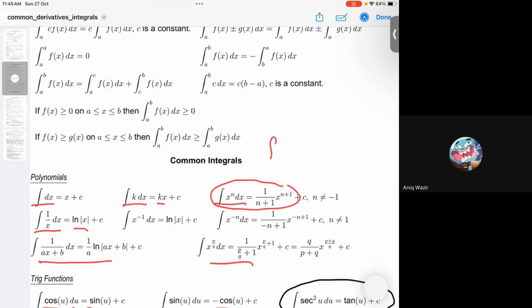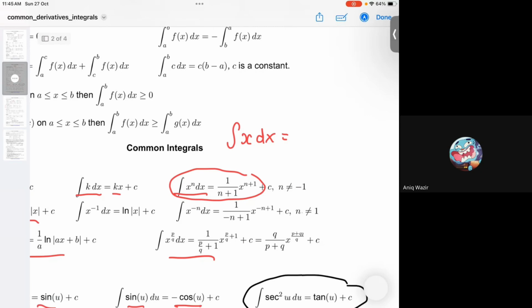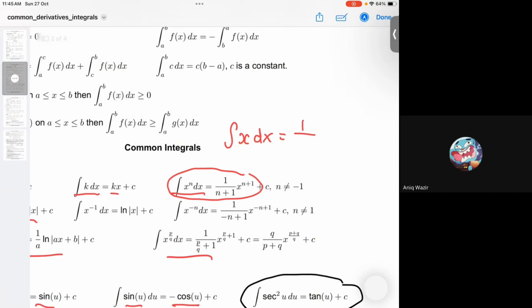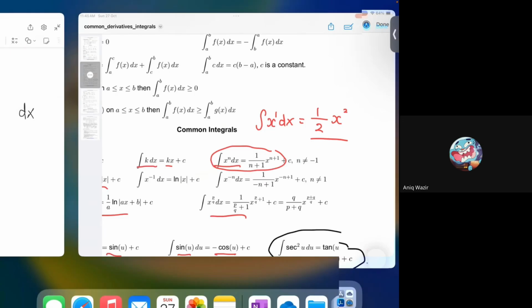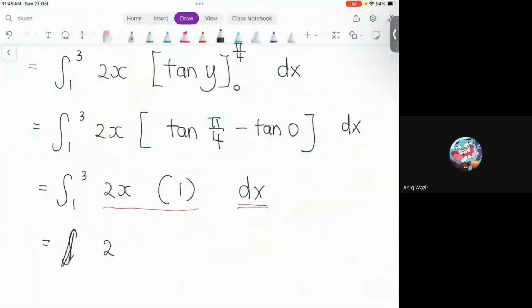When you integrate x dx, because x is power 1, 1 plus 1 equals 2, you get 1 over 2 times x squared, so x squared over 2.